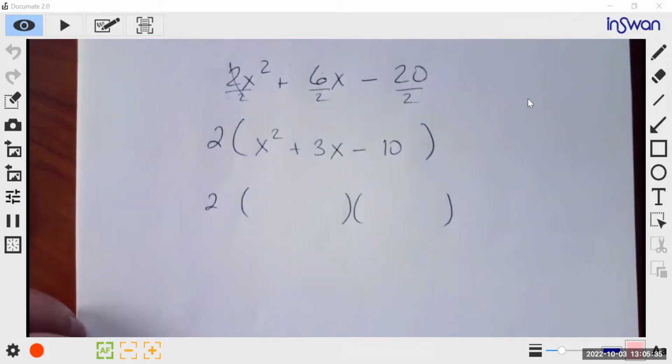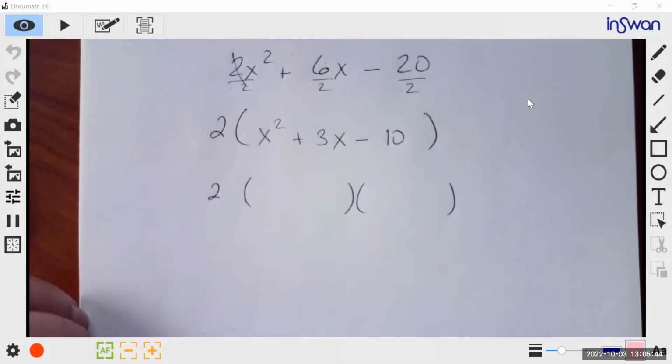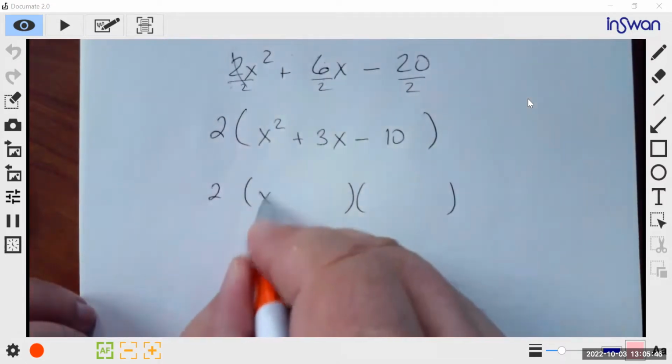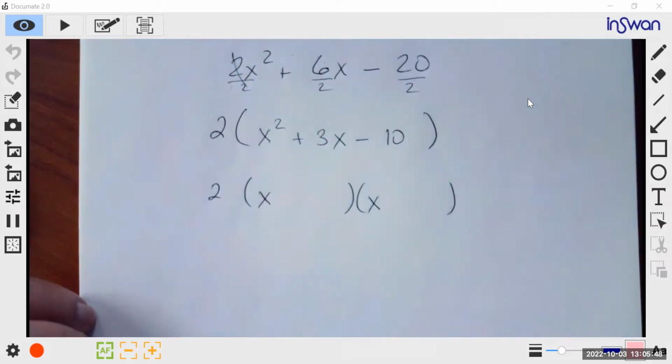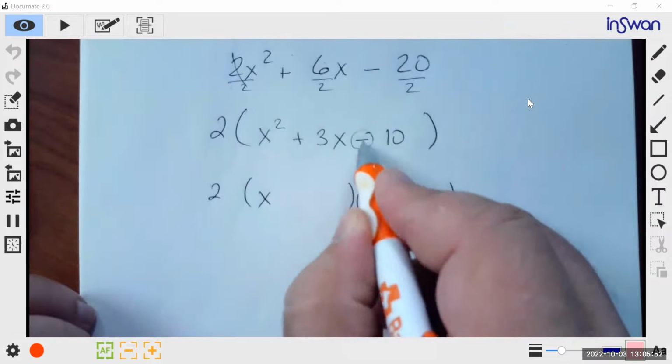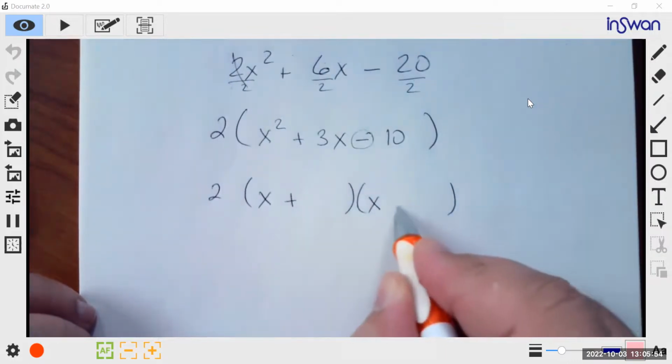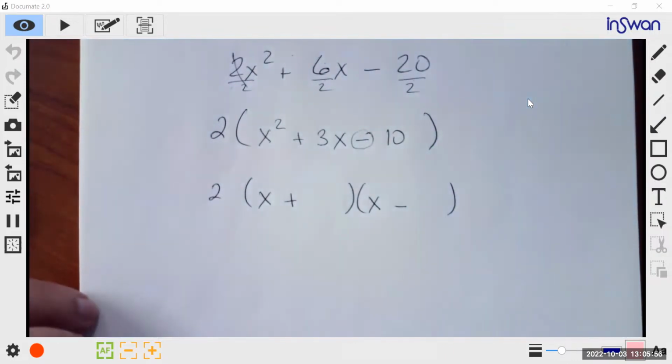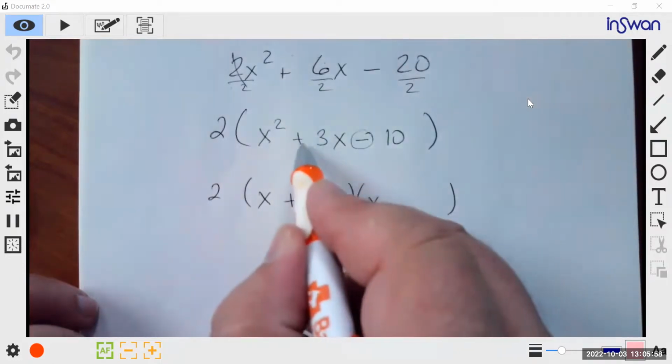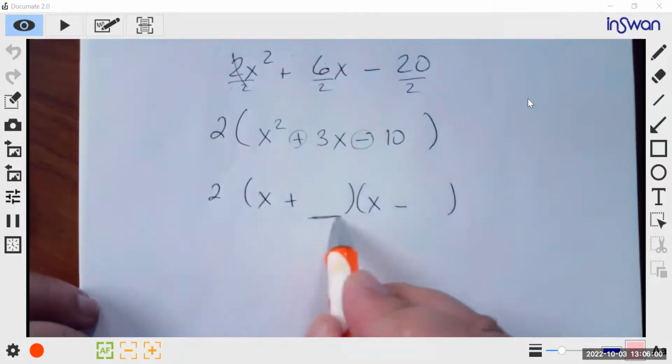Now we can try to solve it. So we know the x's. What about the signs? Yep, because that's minus, so one has to be positive, one has to be negative. And the bigger one goes where? Yeah, because that's positive, the bigger number goes here.